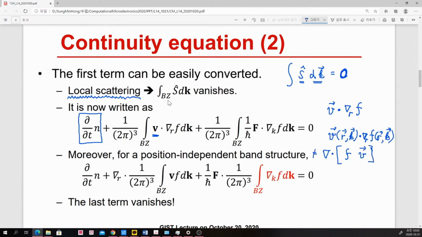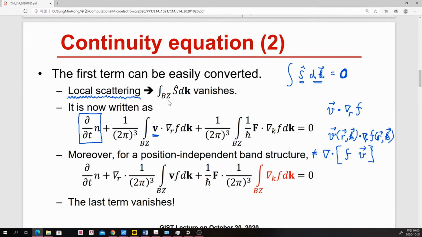It is not allowed. Why? Because even our velocity can have dependence on the velocity, position.